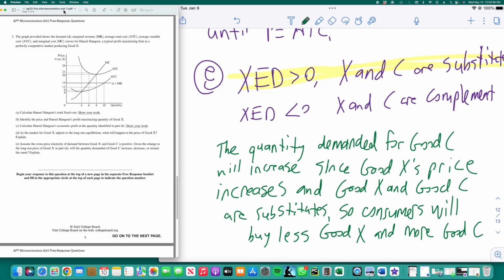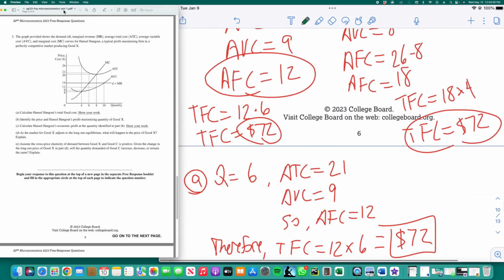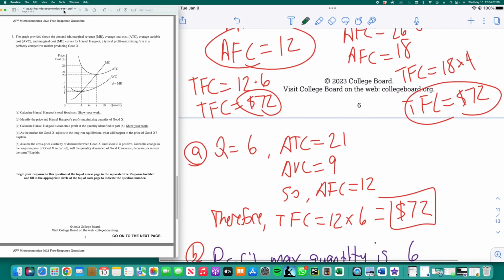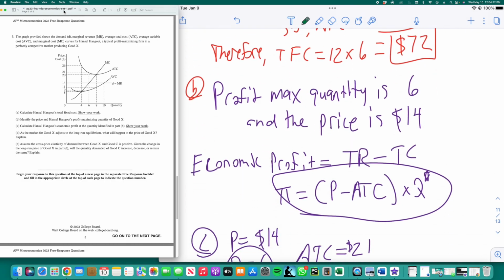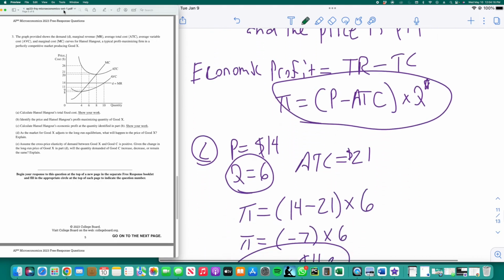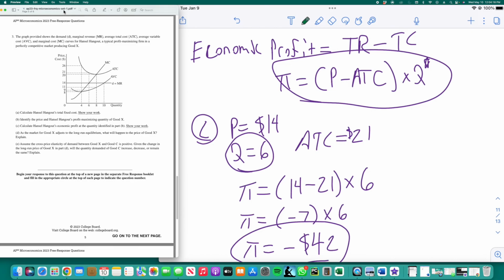All right, so that's how we find the answer to the question here. We found the total fixed cost, and how we did that was we had to find the average fixed cost, and then the average times the quantity gives us the total. We then do profit max quantity, which is MR equals MC. The next thing we found was the profits, which we find using price minus ATC times quantity. Your price is 14 and your quantity is 6.